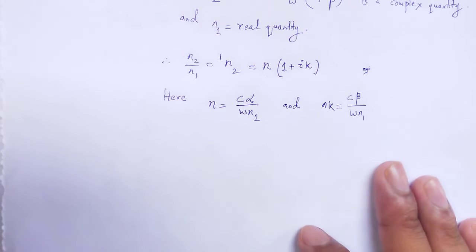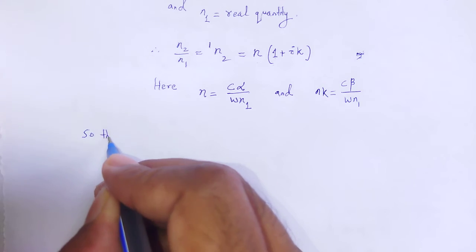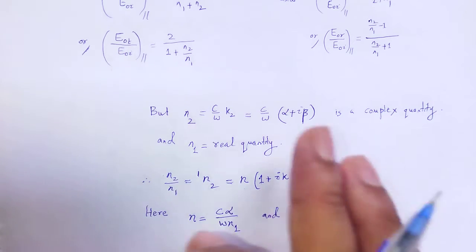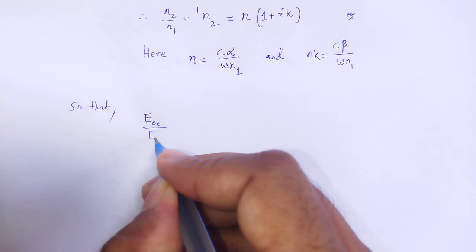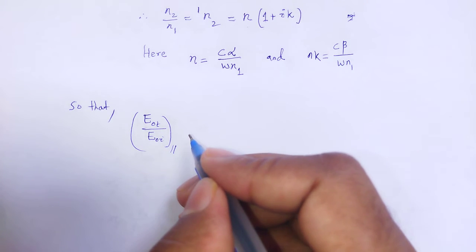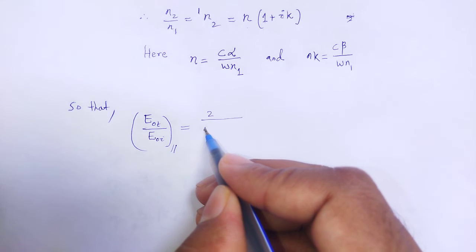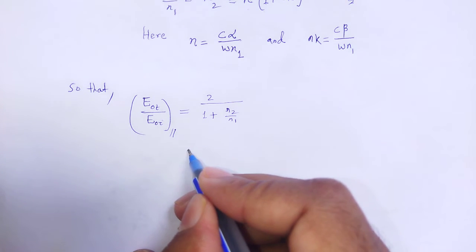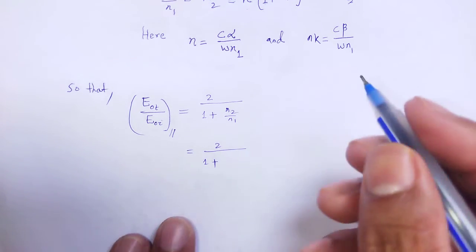These substitutions are made for what reason? Let me show it. Looking at that expression, EOT divided by EOI at that parallel situation is equal to 2 divided by 1 plus N2 by N1, which is equal to 2 divided by 1 plus, what is N2 by N1?